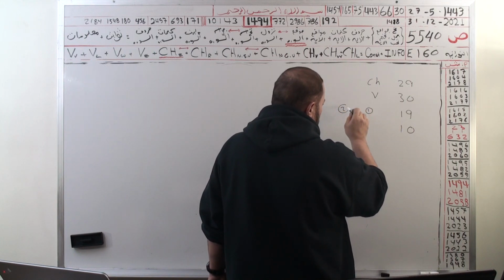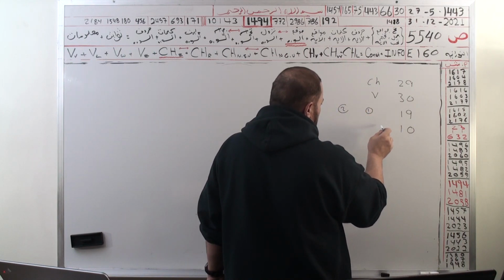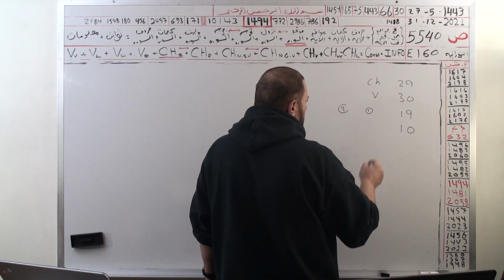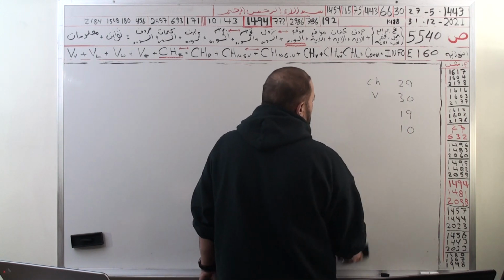All of them are verse 1 except Ain Sin Kaf, which is verse 2, and this one joins the first verse without a verse of its own. Okay, just take these ones.